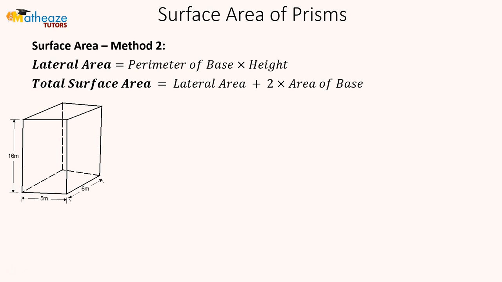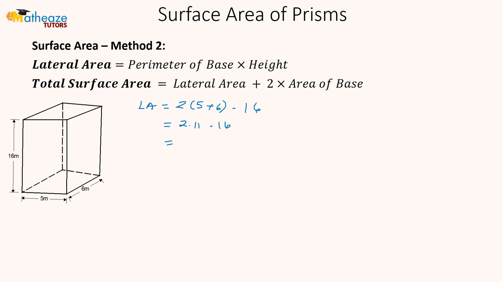Finally, let's get the lateral area here. The lateral area is the perimeter of the base. So we can see the base here. It's 2 multiplied by 5 plus 6, and then times the height, which is 16. So this is going to give us 2 times 11 multiplied by 16.